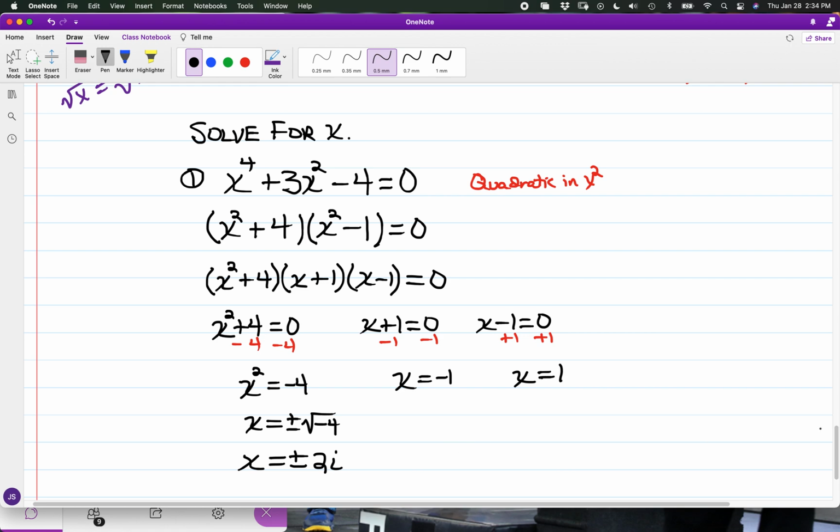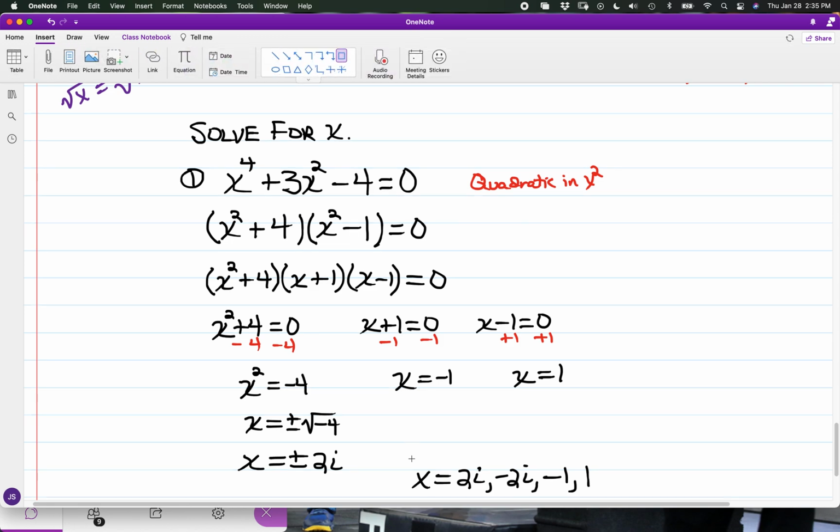So for our solutions in x, we have 2i, -2i, and negative and positive 1. So you have two complex solutions, 2i and -2i, and two real solutions, negative and positive 1.